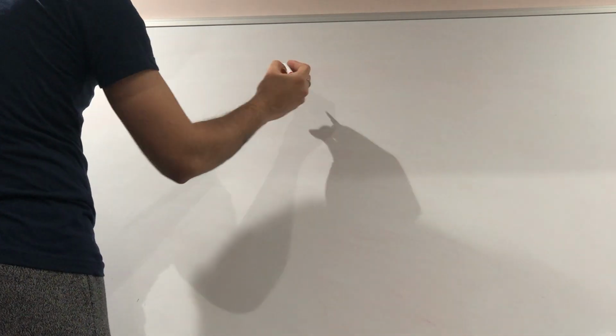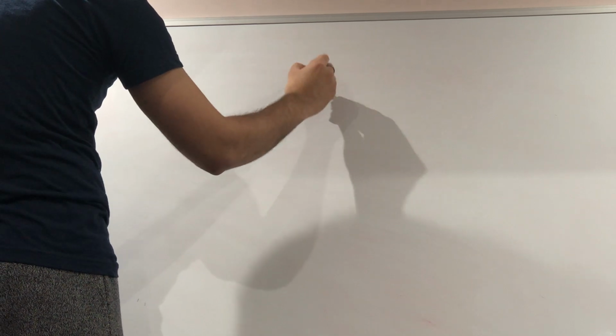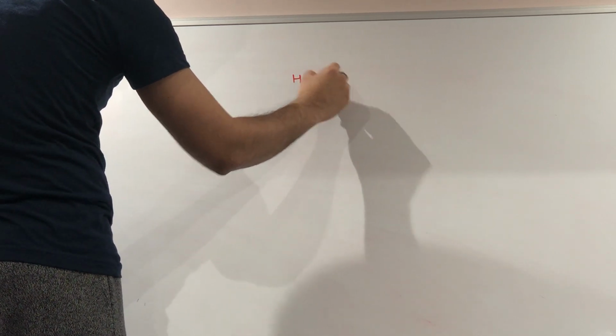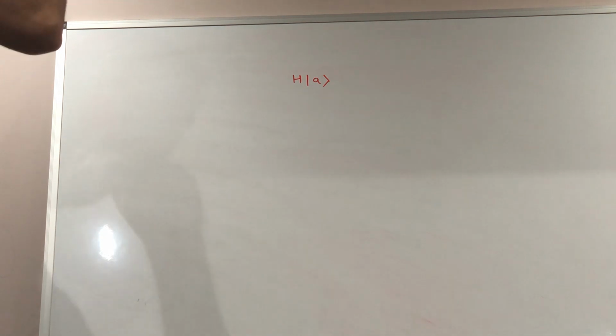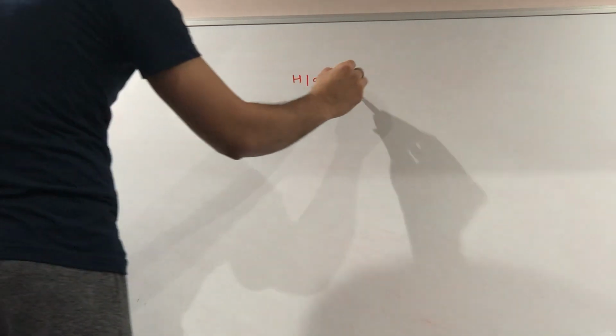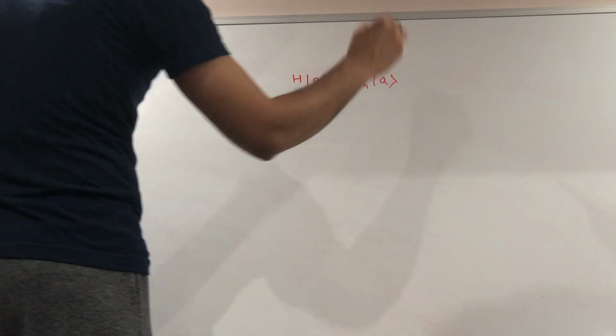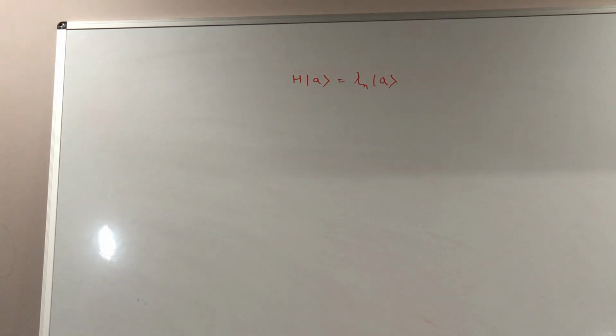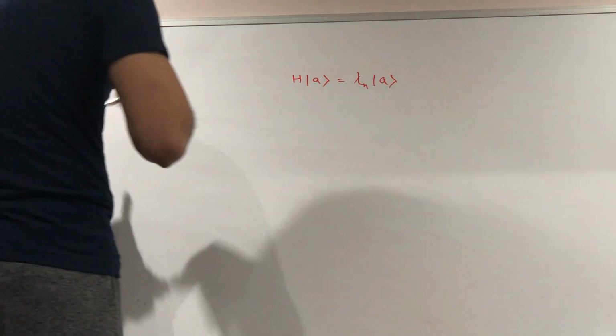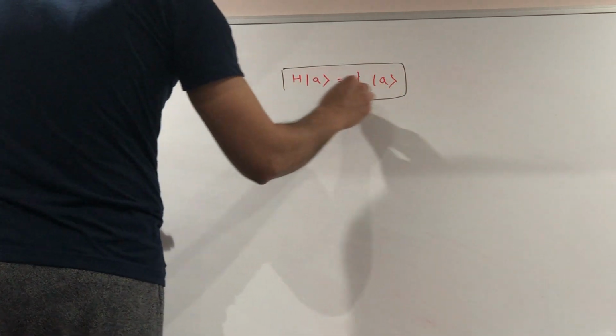The basic property of a Hermitian matrix is that when a Hermitian matrix H is multiplied with a ket vector, what I get is a real number multiplied with the ket vector, right? This is the property of the Hermitian matrix. When it operates on this vector, this equation is specifically of importance in quantum mechanics.